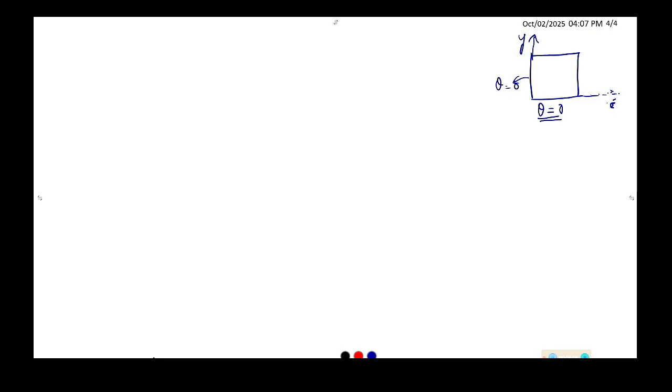This theta is 0 because we are using the principle of superposition, and for the bottom edge we will solve this separately. This theta is 0 and this theta is 50 degrees. Therefore, applying the boundary conditions, first of all we apply the boundary condition at x equals 0, where theta is 0, that is the left edge.